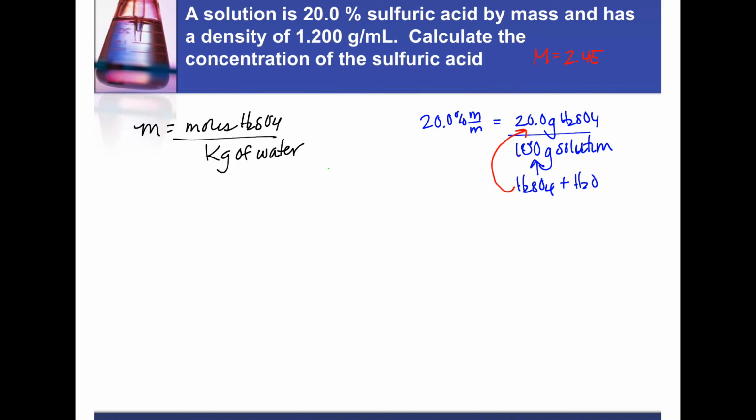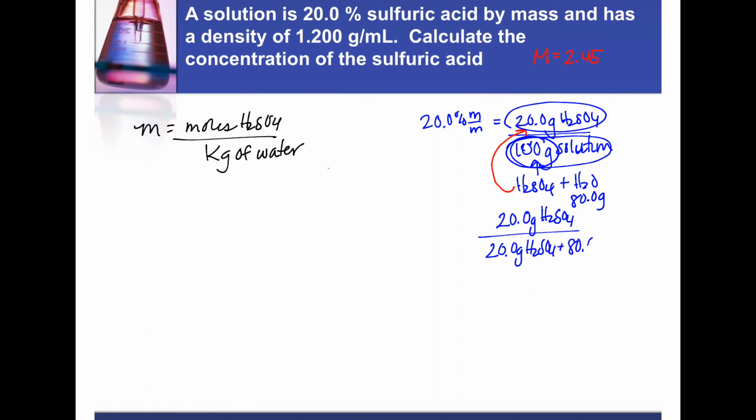So if the total solution adds up to 100 and 20 grams of it is sulfuric acid, that means the water has to be 80 grams. So we could also write it like this: 20 grams of sulfuric acid on top, and on the bottom 20 grams of sulfuric acid plus 80 grams of water. That's useful because 80 grams of water can help us calculate kilograms of water.